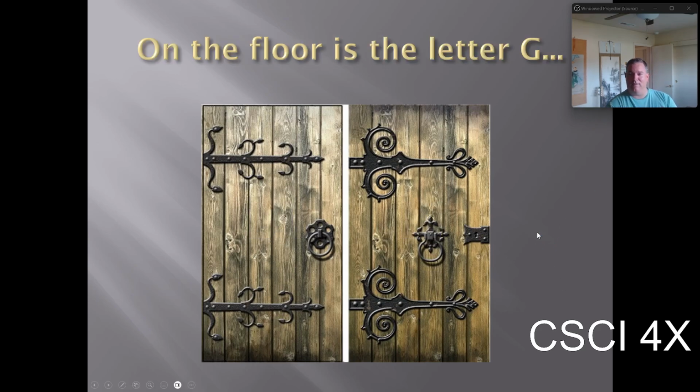Behind the M door is the letter G written on the ground. Do you take the left door, or do you take the right? Choose wisely. The left door? All right. On the ground is the letter D. Do you take the left door, or do you take the right door?